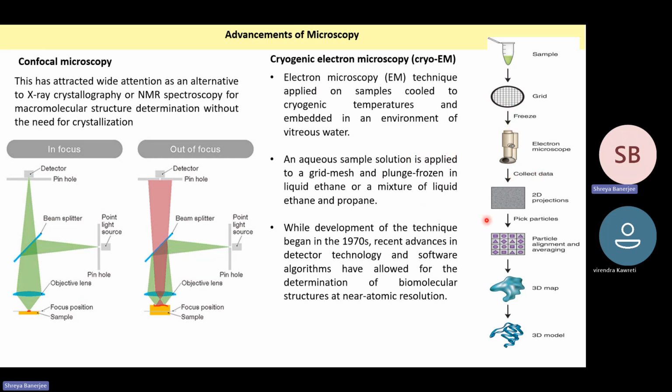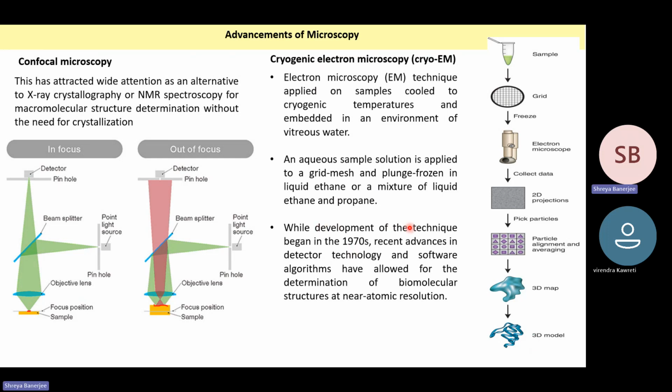After that, data is collected and then different functions are done on the data, which we will discuss. So from each data point, you get a 2D projection of the molecule. And putting all the 2D projections together, a 3D map of the molecule can be reconstructed. These are basically done by different softwares. And ultimately, you get a 3D structure of the macromolecule.